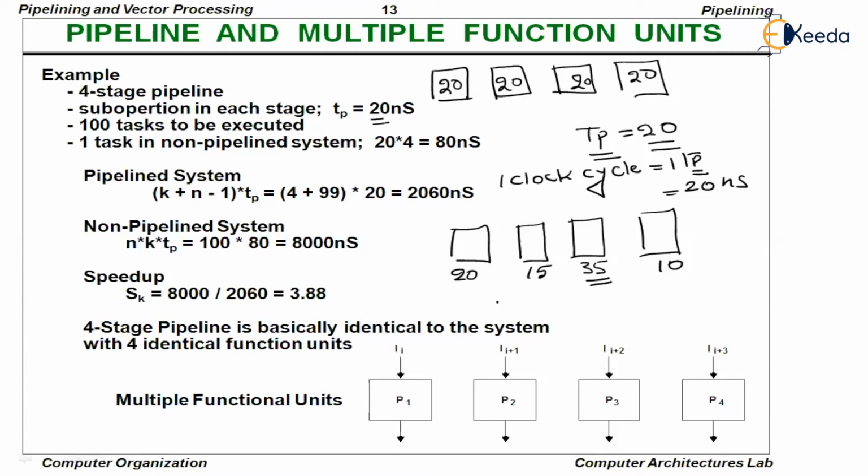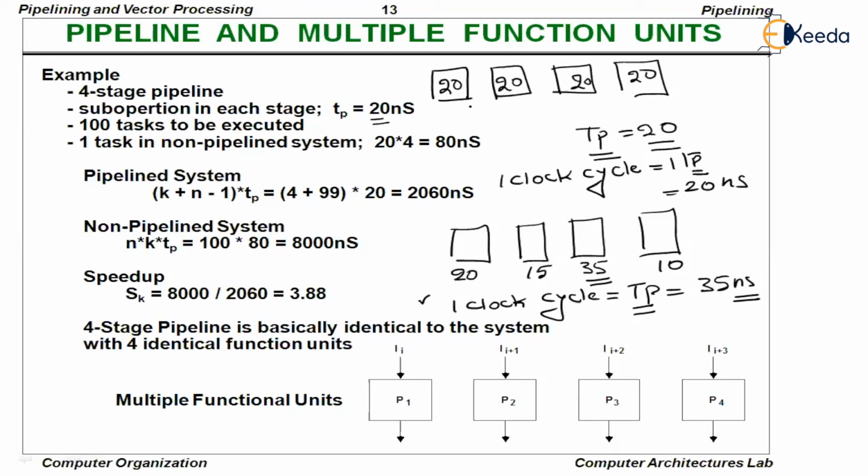So in this pipeline system, one clock cycle, that is one Tp, is equal to 35 nanoseconds. In the pipeline system, one clock cycle is equal to Tp. What is Tp? Tp is the max segment delay. If you do have register delays also, then you need to add the max register delay to this Tp.